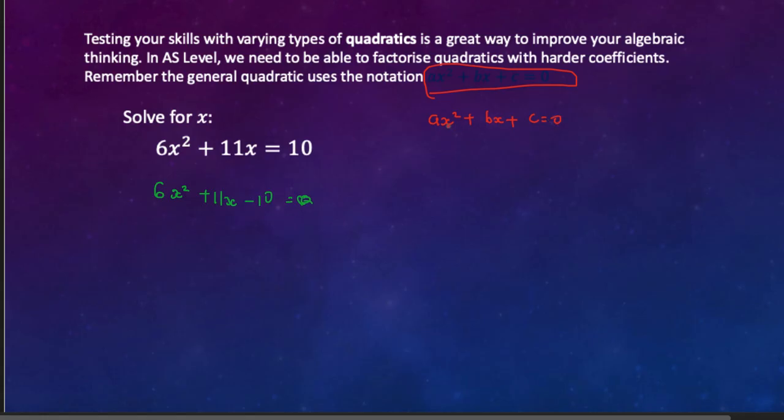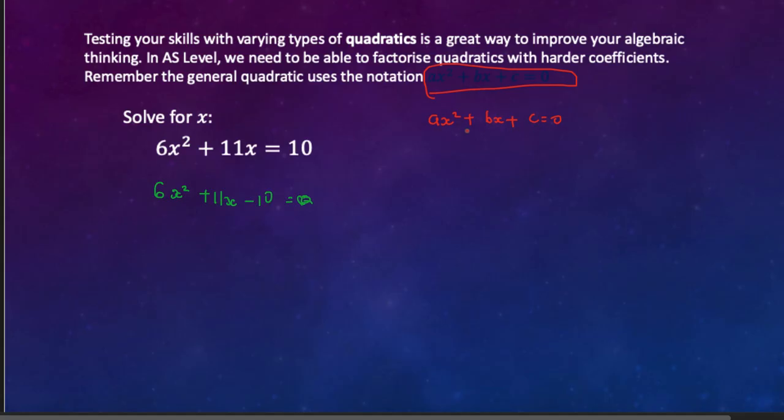It is really important that you understand this. The letter that is with the x squared and the letter that's with the x are called coefficients. Say after me, coefficients. The coefficient of x squared is a, the coefficient of x is b, and this letter without any x or any other letter is called the constant.